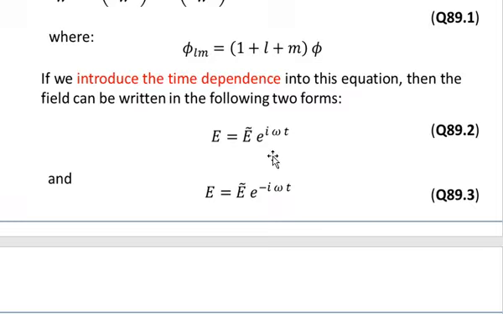The only different terms are e to the power iota omega t and e to the power minus iota omega t. So if you take the superposition of equations number 2 and 3, the rest of the terms on the right hand side, except the time dependent terms, are constant, and we can take them common. So we have the two terms, e to the power iota omega t added to e to the power minus iota omega t.